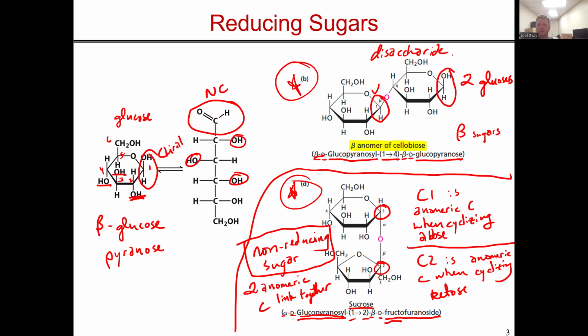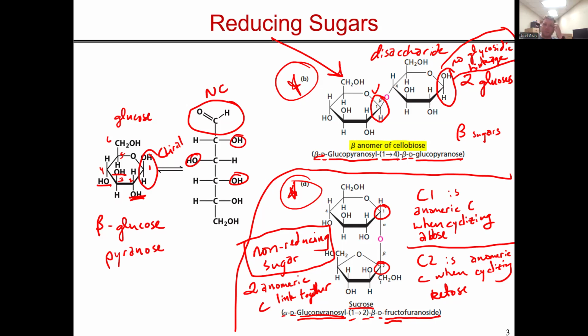Now, the tricky part about this is this has no glycosidic linkage. So this is considered a reducing sugar because this anomeric carbon has no glycosidic linkage.